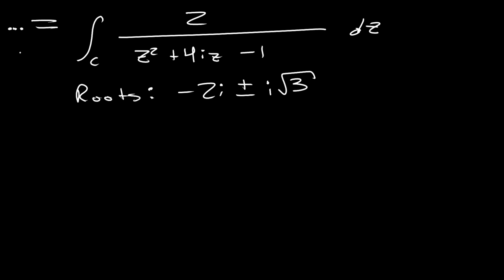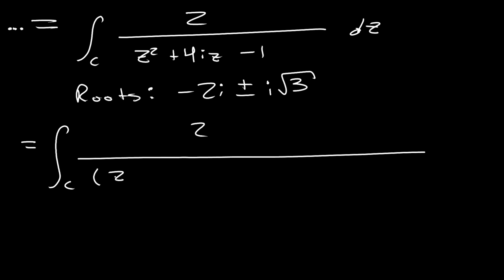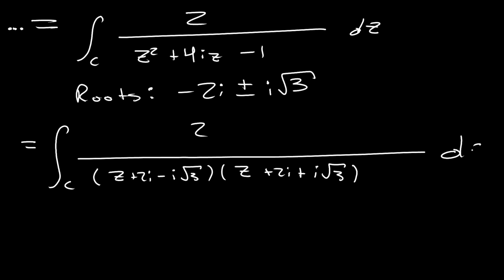And so then actually rewriting this out and fully factoring it, we're going to get the integral over our contour of 2 divided by z plus 2i minus i root 3 times z plus 2i plus i root 3, and then that's just still the dz out there from before.